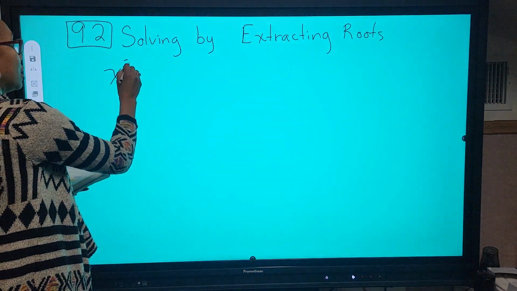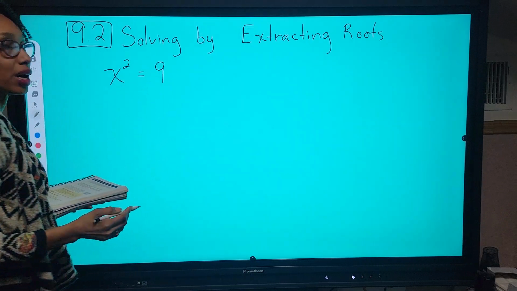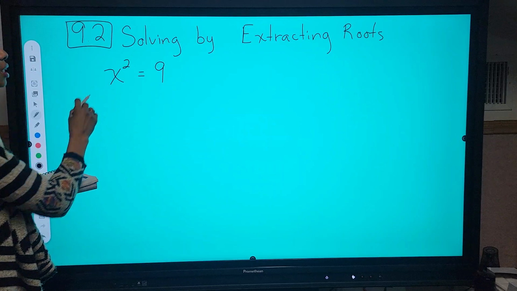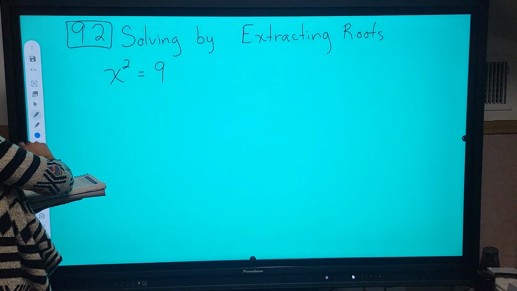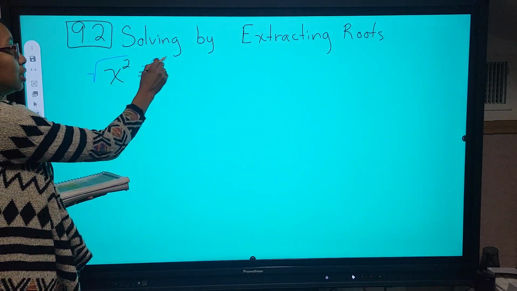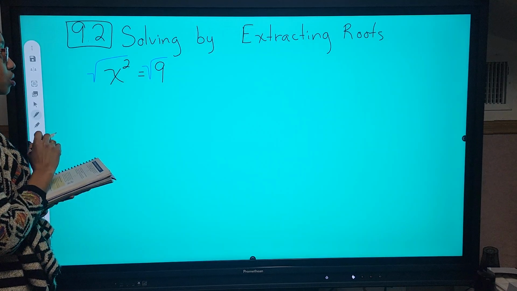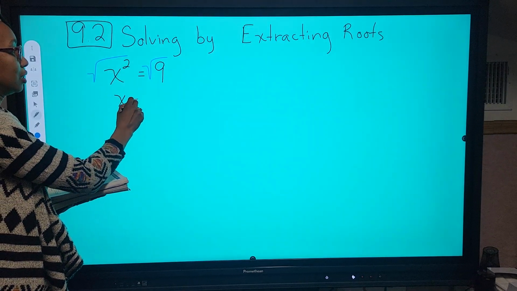Remember that if we had x squared equals 9 and we were trying to solve for x, we need to clear the square, and we said that we can do that by finding the square root, because taking the square root cancels the square. So the square root of x squared is just x.